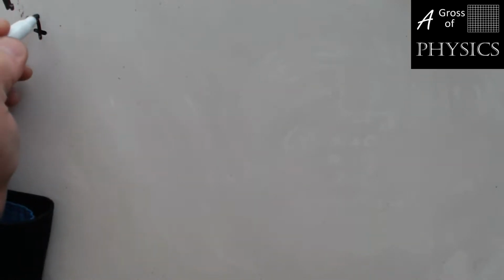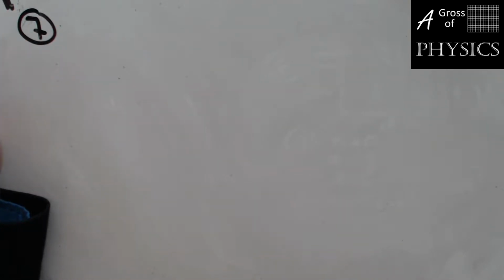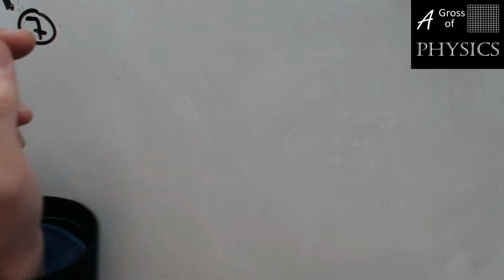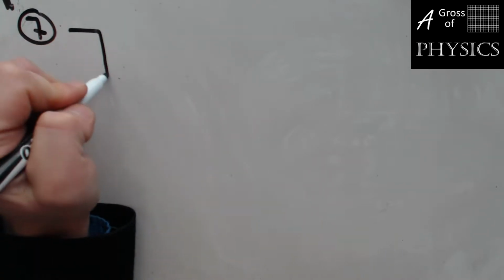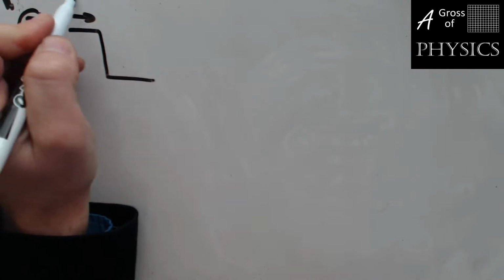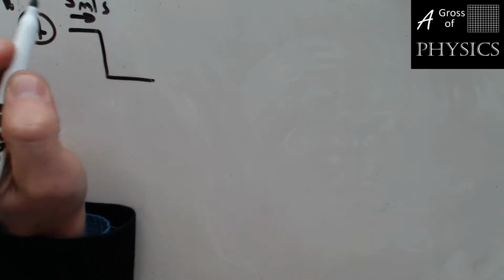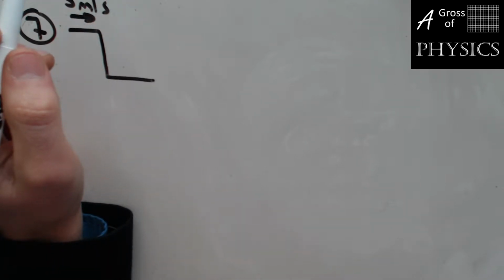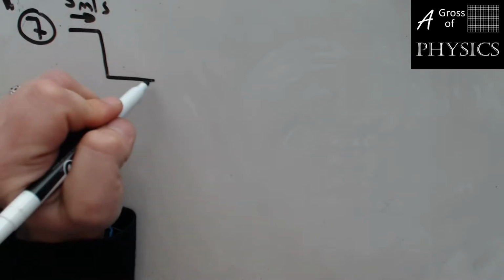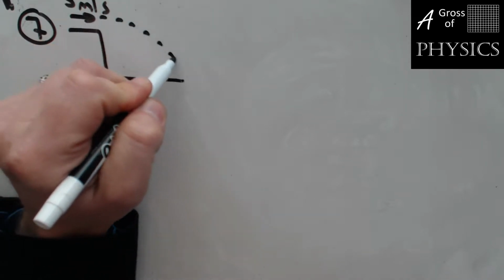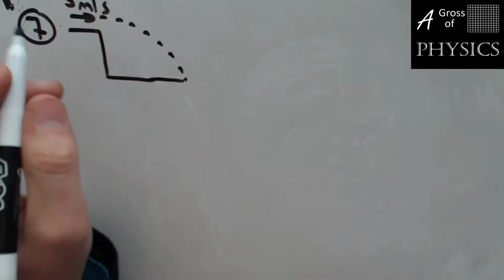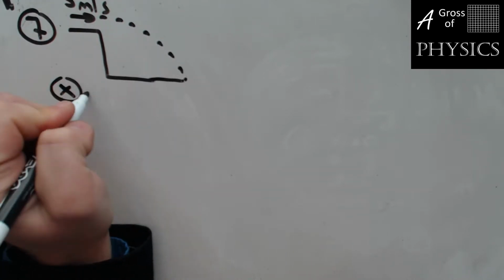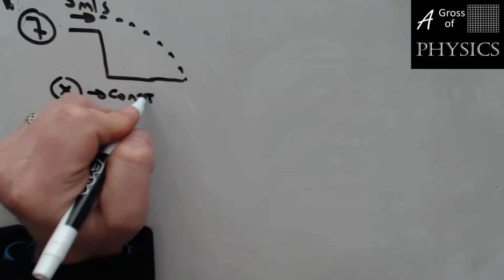All right, number 7. An object is thrown horizontally off of a cliff with an initial velocity of 5 meters per second. So we have a cliff, 5 meters per second. The object strikes the ground 3 seconds later. How far from the base of the cliff does it land? If we remember, in the x direction we have constant velocity.